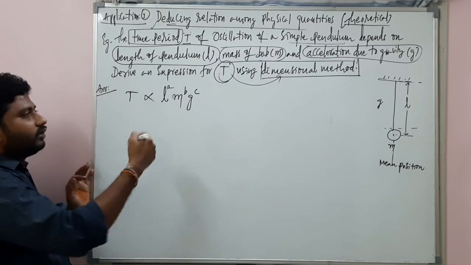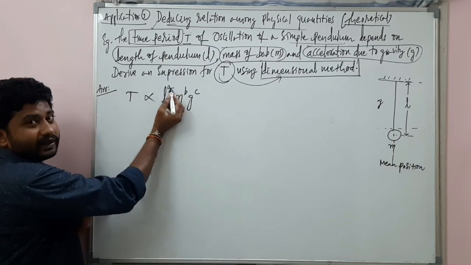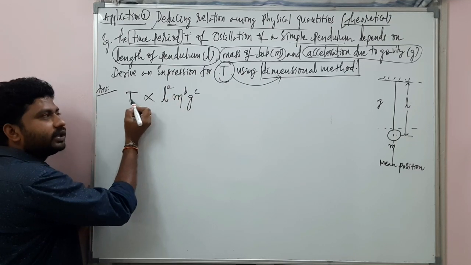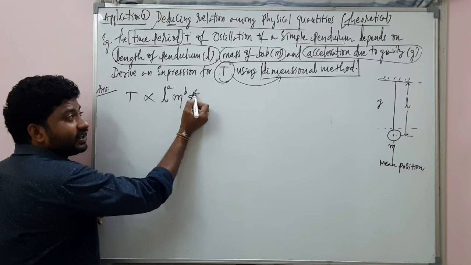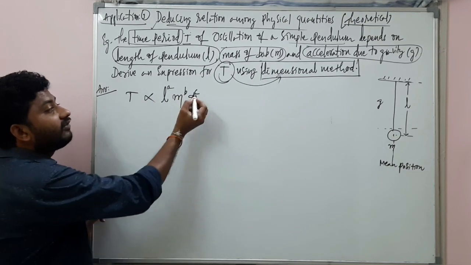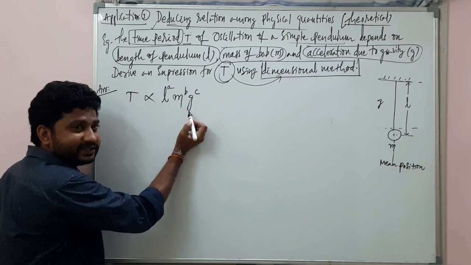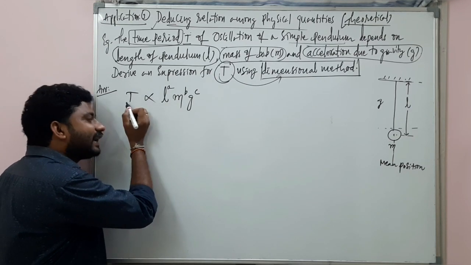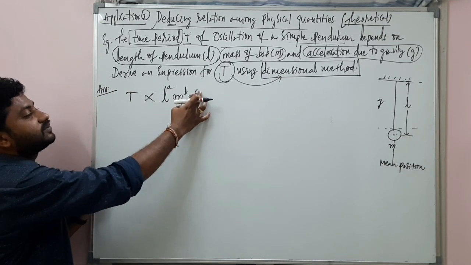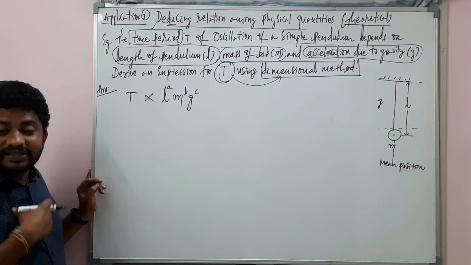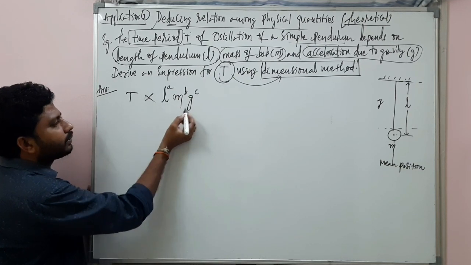For example, after solving, if the answer for A is -1, then L raised to -1 means 1 by L, so the time period will be inversely proportional to L. Again, if your C value is -1, that means G to the power -1, which is 1 by G, so the time period will be inversely proportional to G. When the C value is 1, G raised to 1 is nothing but G, so the time period is directly proportional to G.